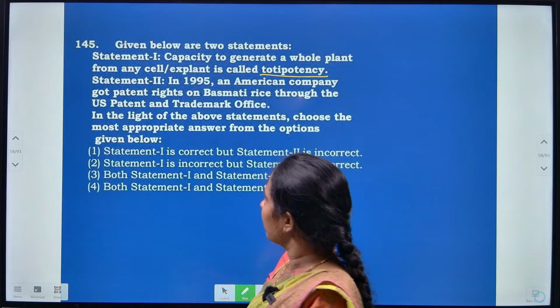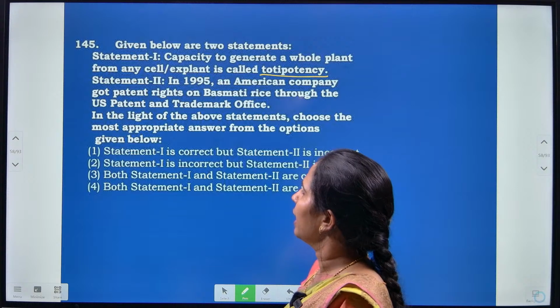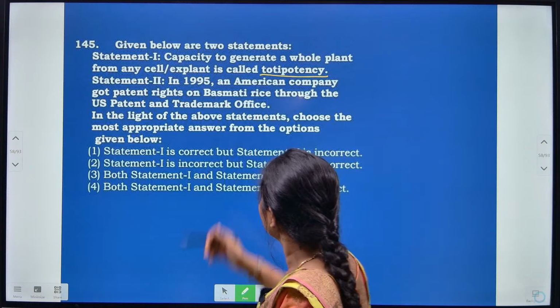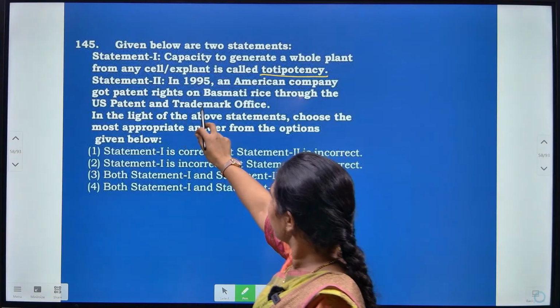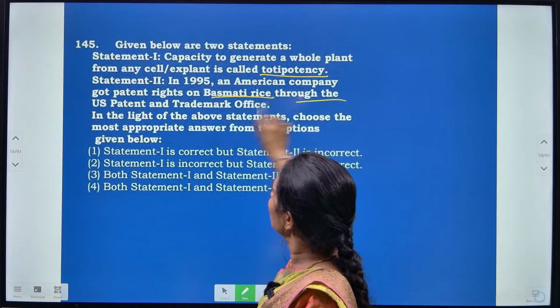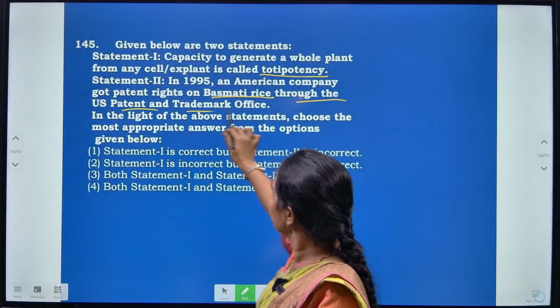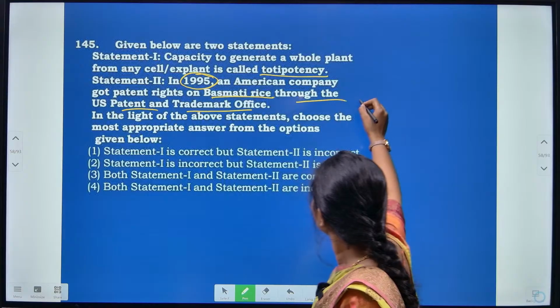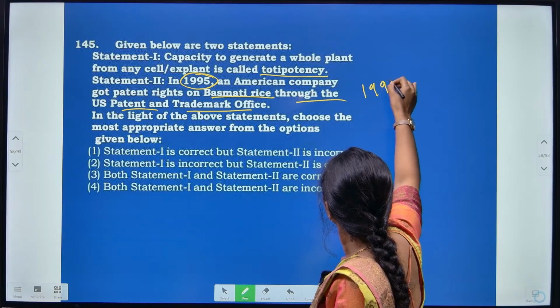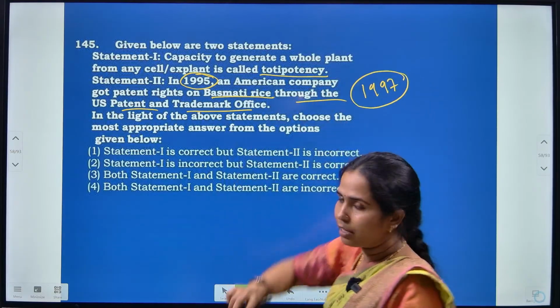But while going with statement 2, in 1995, an American company got patent rights on basmati rice through what? Through the US Patent and Trademark Office. It was not in the year 1995, but it was in the year 1997. So you just mark it here, this is important.